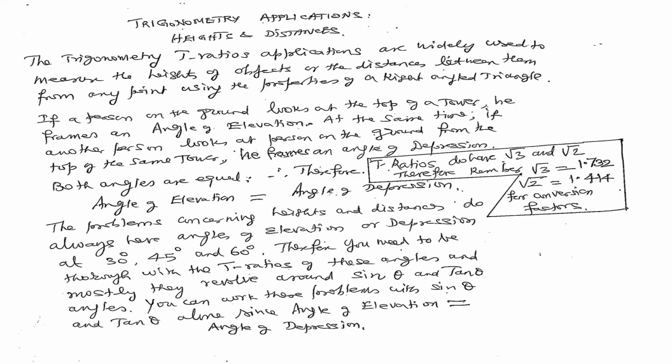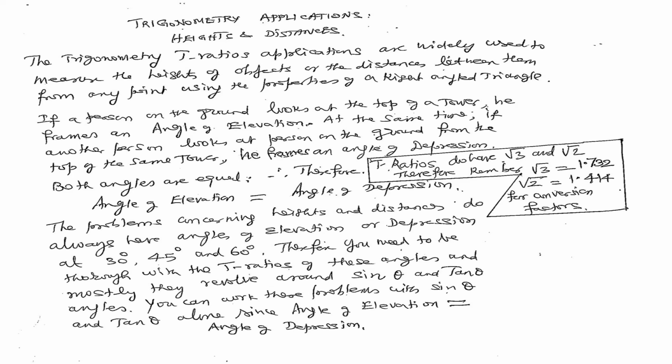T ratios do have root 3 and root 2. Therefore, remember root 3 is equal to 1.732 and root 2 is equal to 1.414 for conversion factors. The problems concerning heights and distances always have angles of elevation or depression at 30 degrees, 45 degrees and 60 degrees.